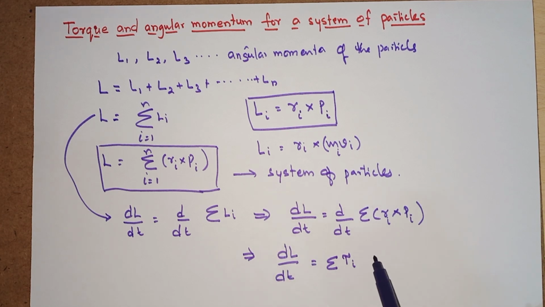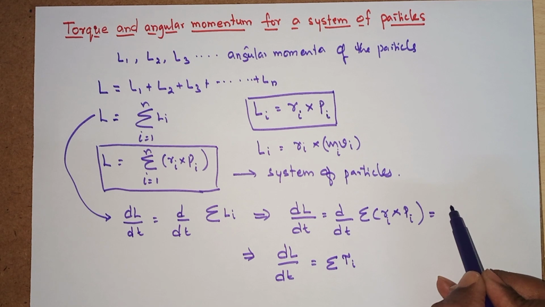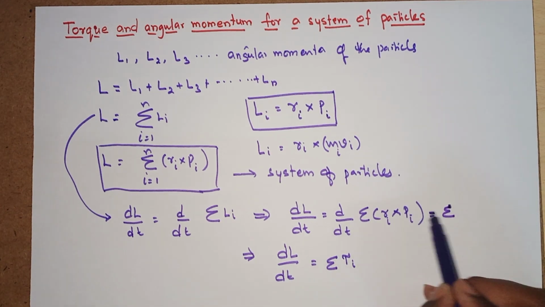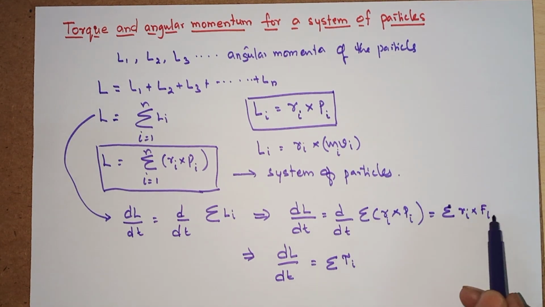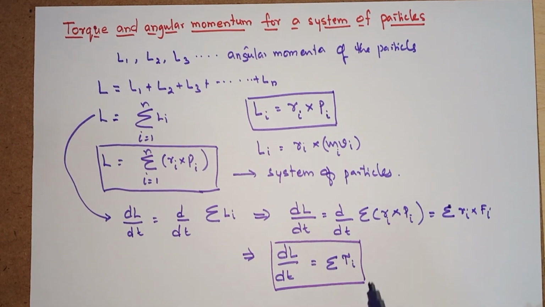So we will write it as the summation over r cross dp by dt, which is Fi, so r cross F, which is called tau. dL by dt is equal to this.